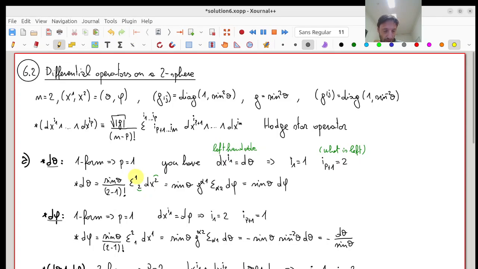We are referring to E index 1 is 1, therefore this is a 1. Here we have a 2 because it's the only other available one that is non-zero. So it's antisymmetric, but we have to keep the non-zero ones, only those that are different than this one, because otherwise they would cancel out and not contribute. And then we have our basis for the x that will follow here: 1 plus 1, 2.